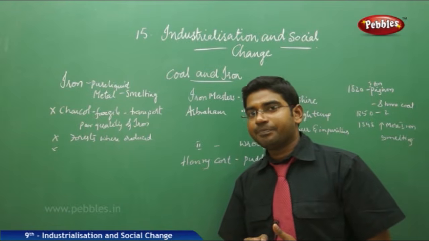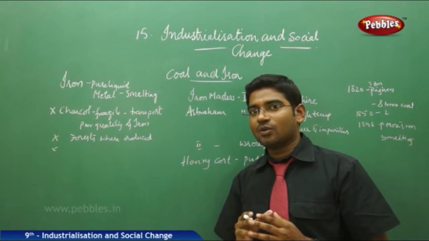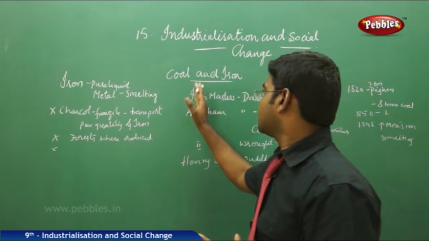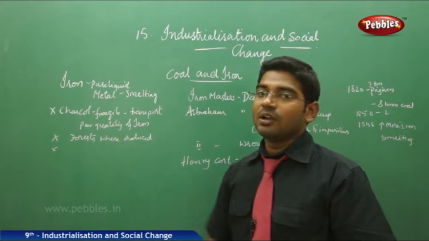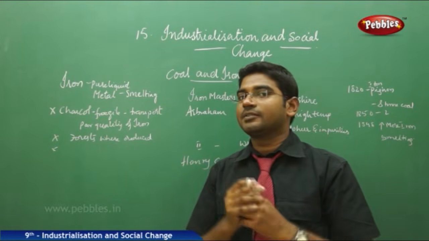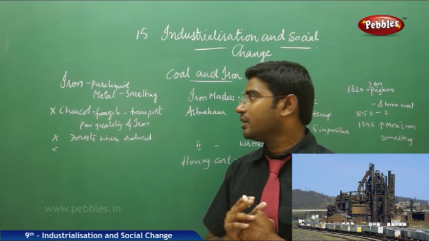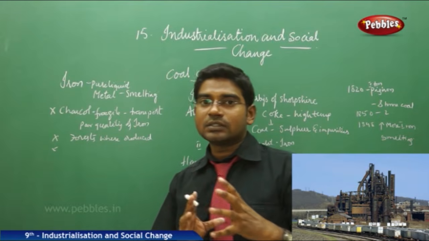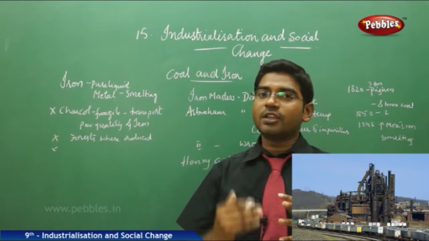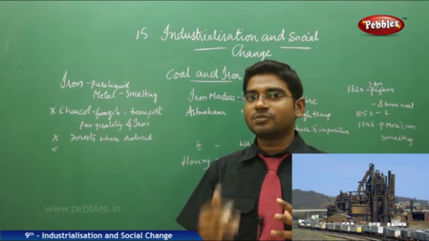And coming to iron, the processing of iron requires a lot of hard work, because first the iron is obtained as pure liquid metal by the process of smelting. To do the smelting, we need charcoal. The charcoal has to be burnt, then the iron is heated, and then you get the smelting process.